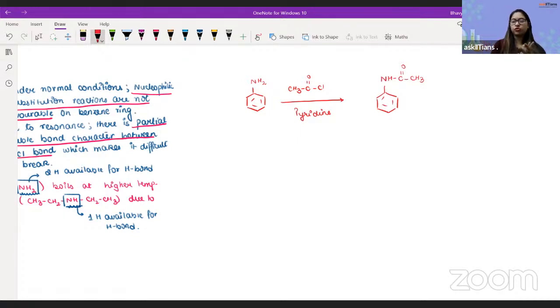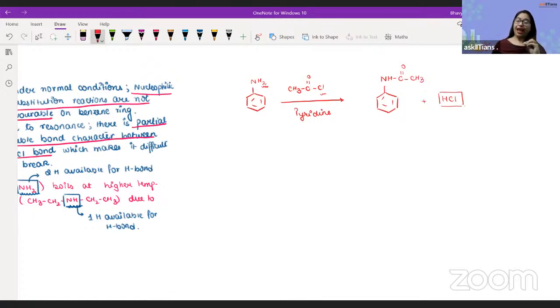So this is the formation of my amide. Along with this amide, one hydrogen from here and one Cl from here will combine together to form HCl.